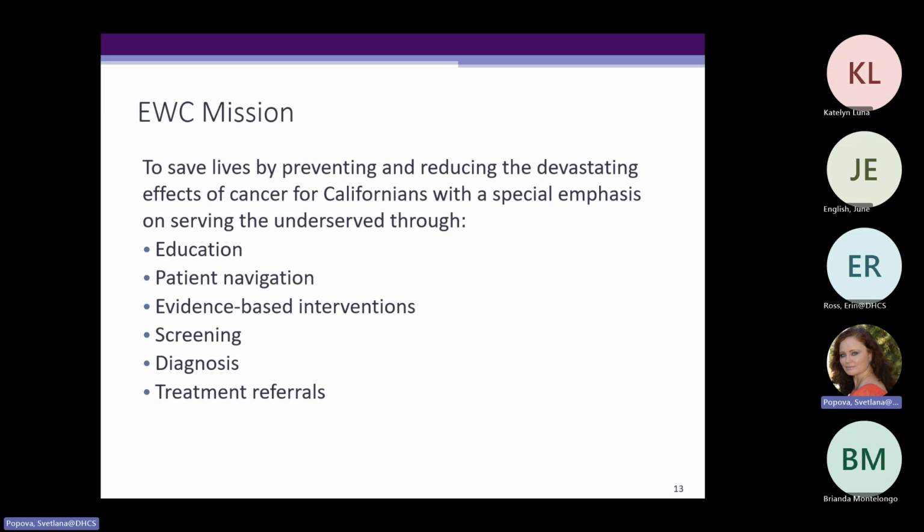Our mission is that we save lives by preventing and reducing the devastating effects of cancer for Californians, with special emphasis on the following: education, patient navigation, evidence-based intervention, screening, diagnosis, and treatment referral. It is important to remember that we are very unique, not only in what we are asking our providers to do, but also in our place in the DHCS.